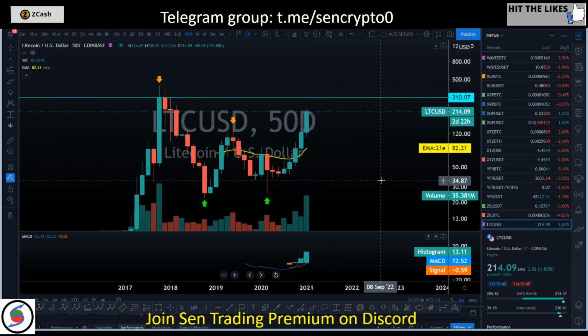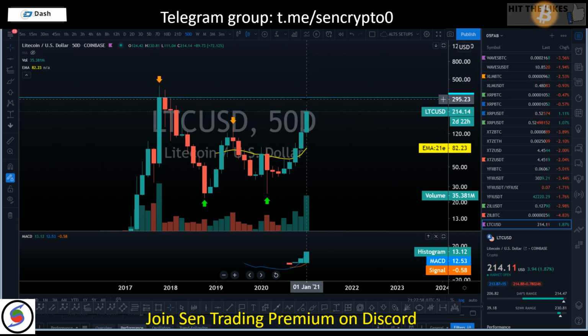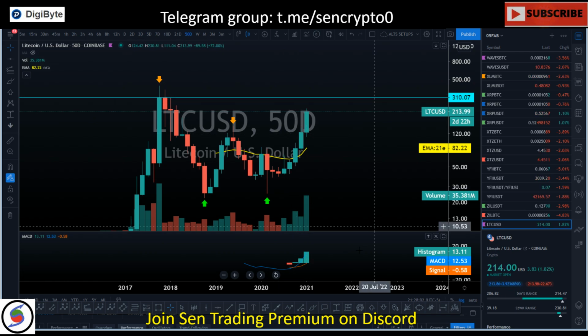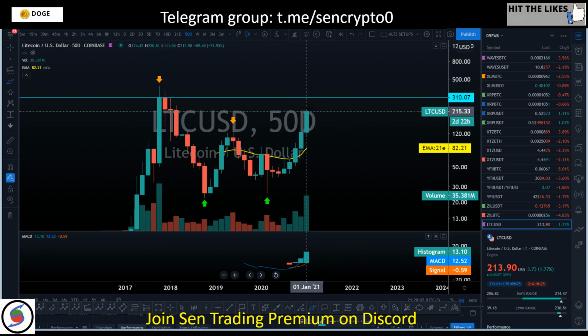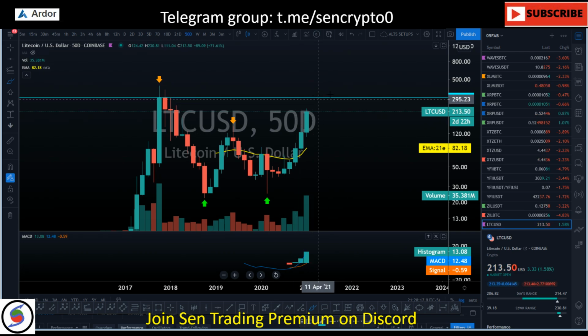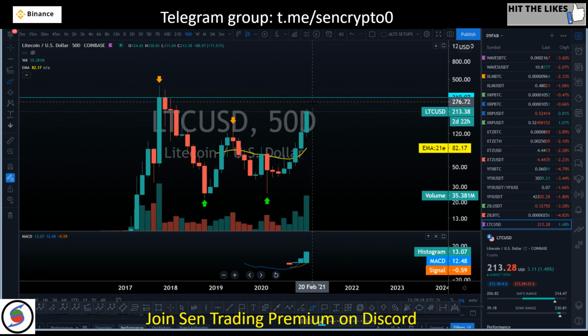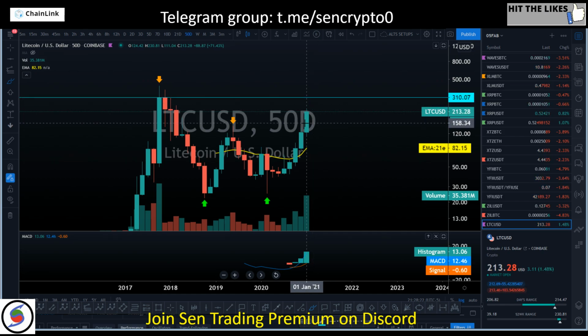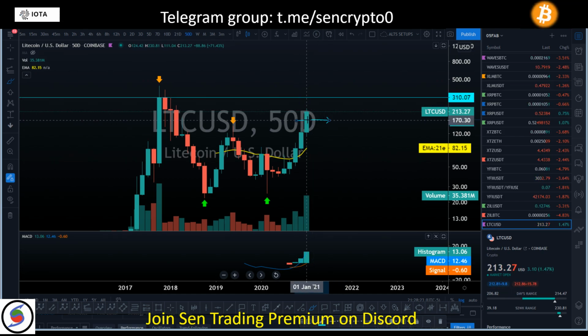If we can get a close above 310, guys, before the 19th, it is going to be nice because it is going to be less hassle after that, because we're not going to be expecting any move down to like $100 and so on. But if we do not manage to close above like 310, 320 within the next 3 days, Litecoin might see a nice dip just to retest like 1/3 to 2/3 of the previous 50-day cycle.